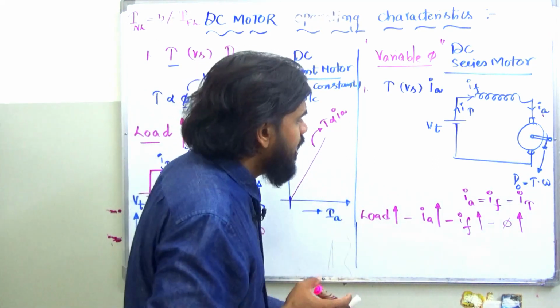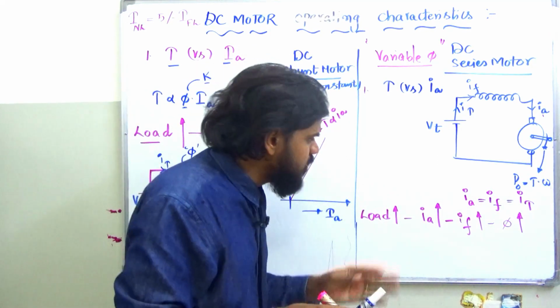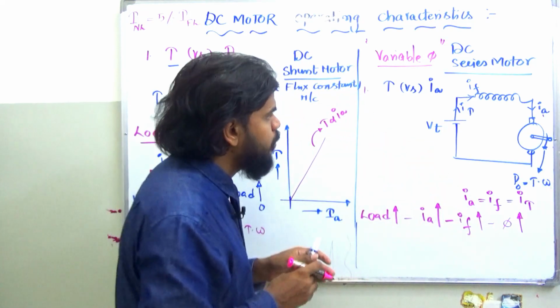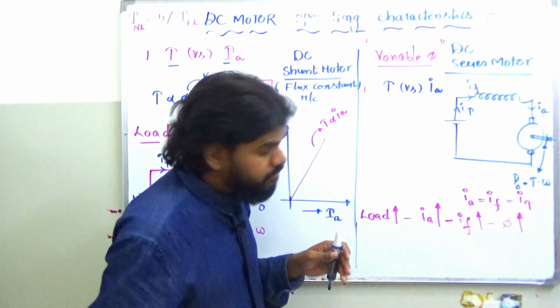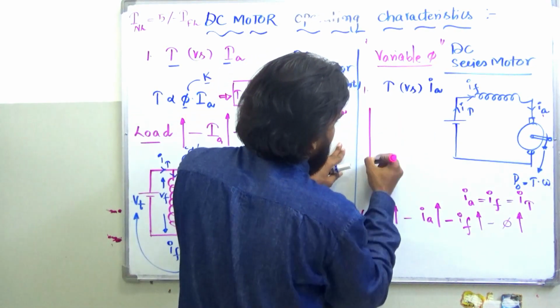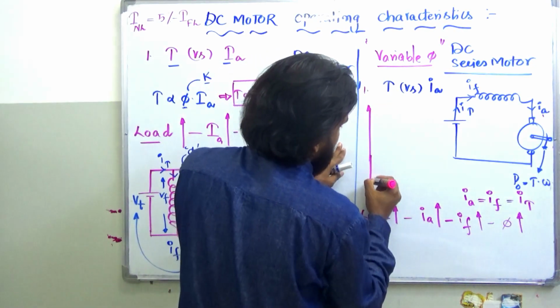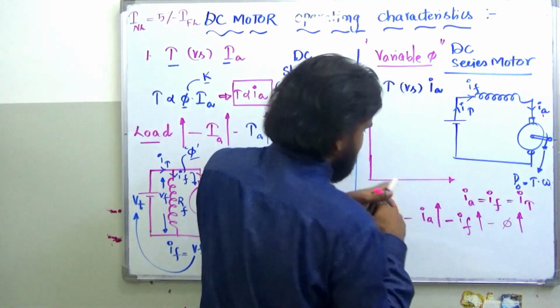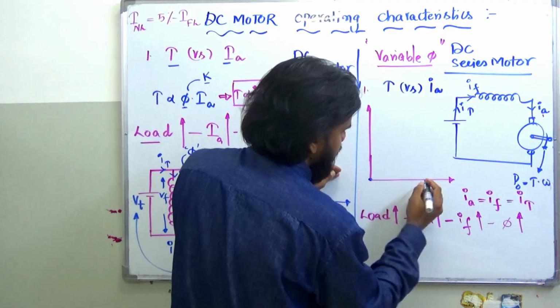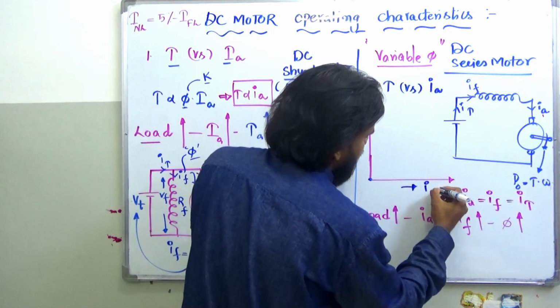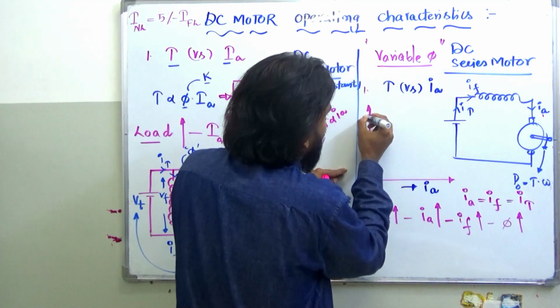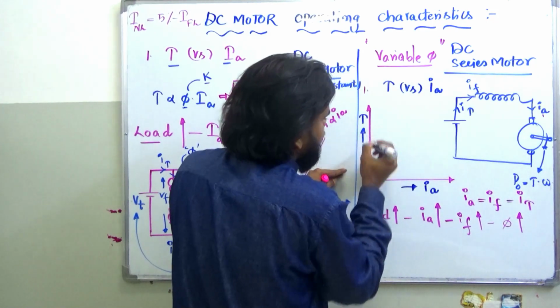Now let me try to put this on the graph. How would it be? On the x-axis I'll take Ia, and on the y-axis I'll take torque.